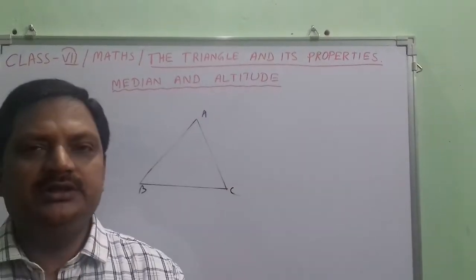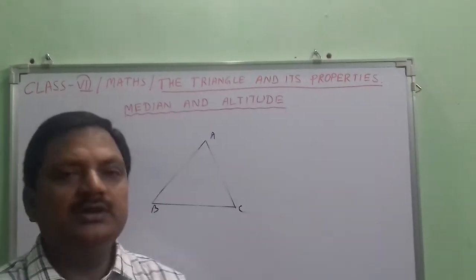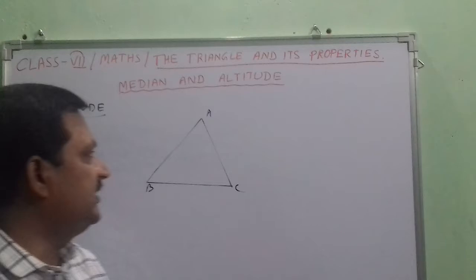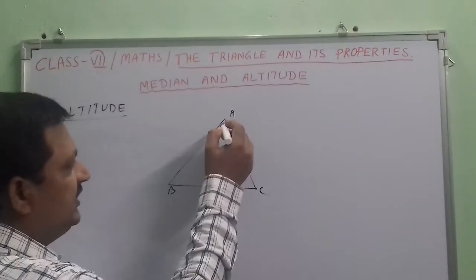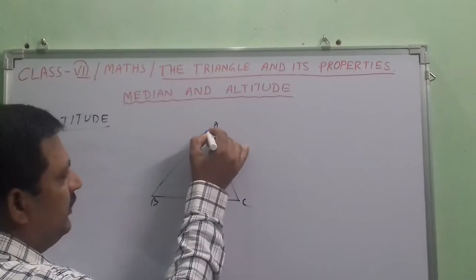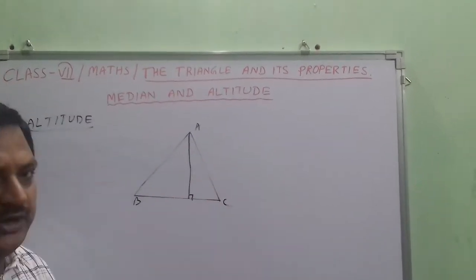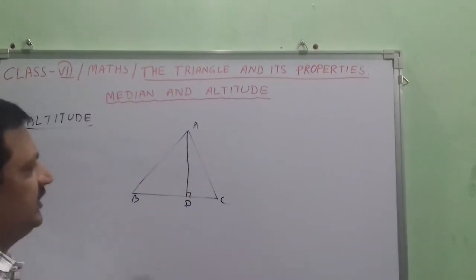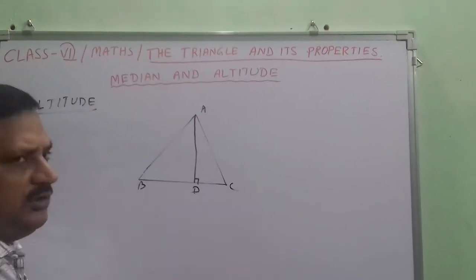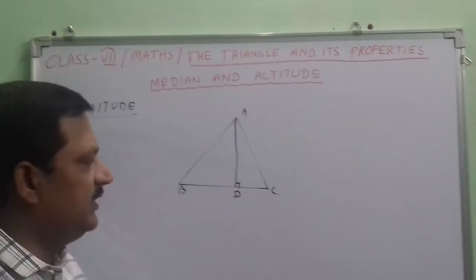How to find the distance? Distance means shortest distance. So shortest distance we shall get when we get the 90 degree, that is perpendicular, then only we get the shortest distance, and it is called the altitude of this triangle.